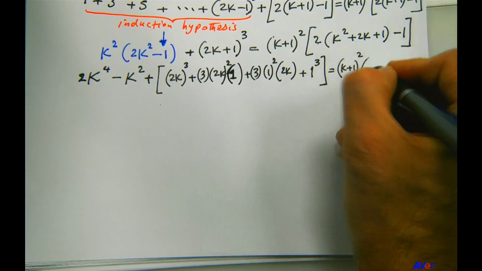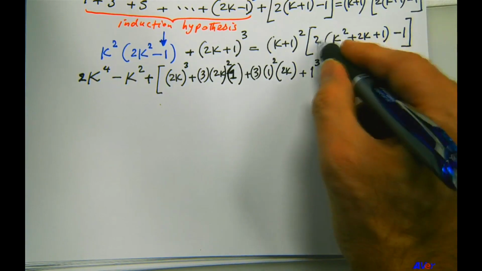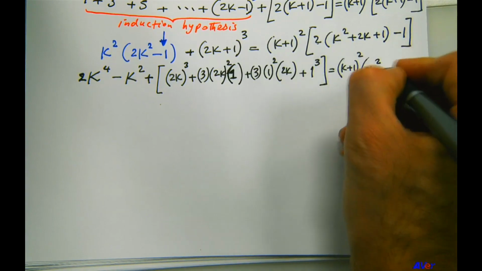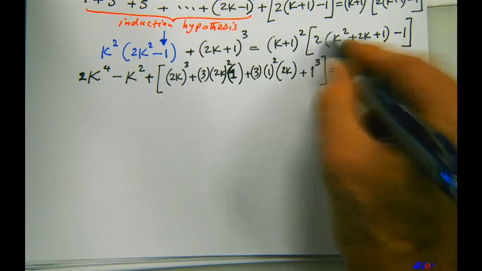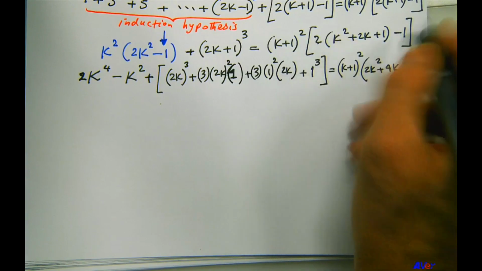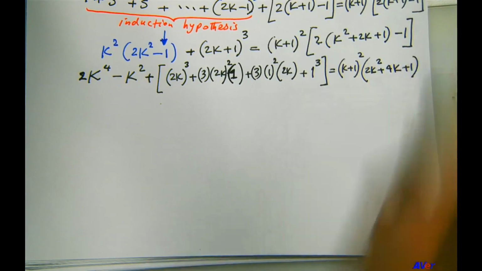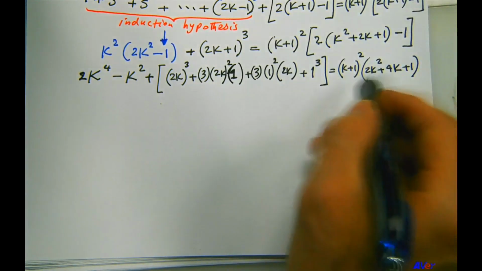So you get 2k squared. Just distribute this and simplify. 2k squared plus 4k plus 2 times 1 is 2 minus 1 plus 1. Like that. Okay, so that's on the right-hand side.